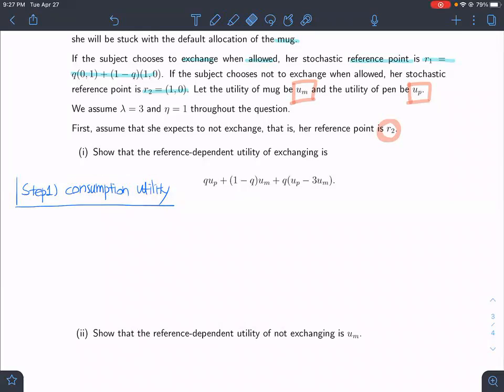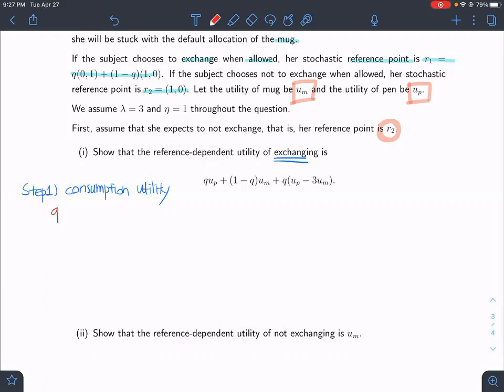So step 1, consumption utility. What do you consume? You will exchange when you're given the chance. You get the chance by probability Q, different color, red.